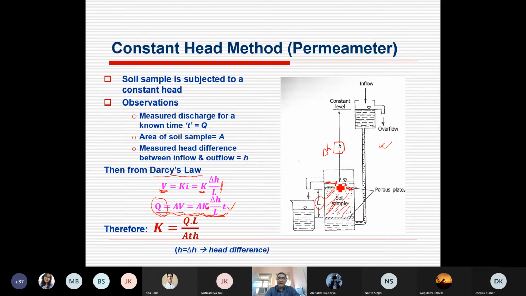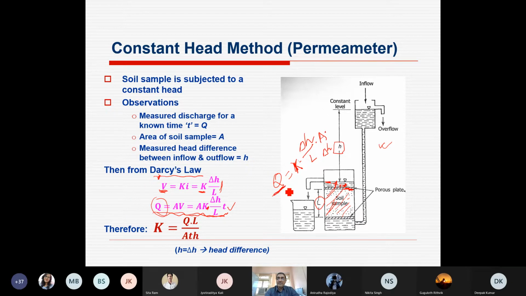So we can find the hydraulic gradient, delta H by L. By using Darcy's law, the discharge for a time t is simply K, hydraulic conductivity, into hydraulic gradient, into A, the area of this soil sample, into time t.